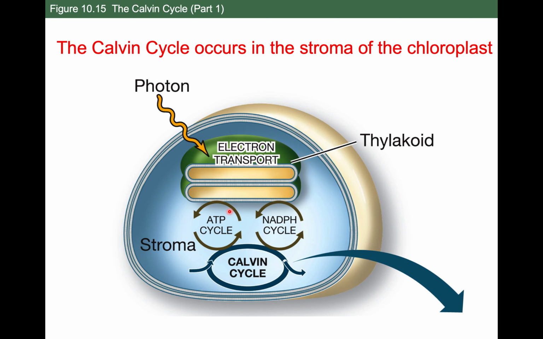So we have this recycling. And same idea with the NADPH. NADP plus picks up electrons, gets reduced to NADPH up here, goes to the Calvin cycle, drops off those electrons, gets oxidized, converted back to NADP plus, and then go back and pick up more electrons again.